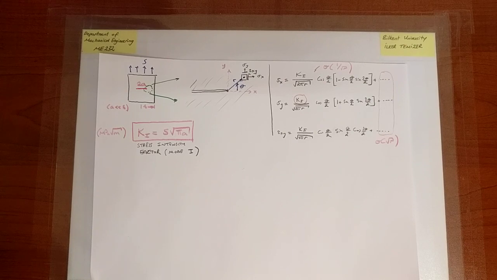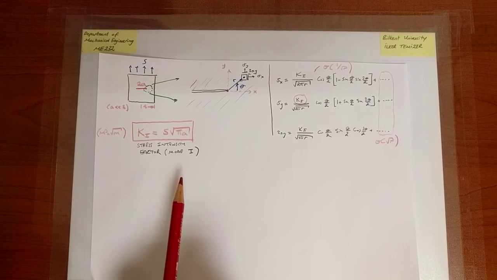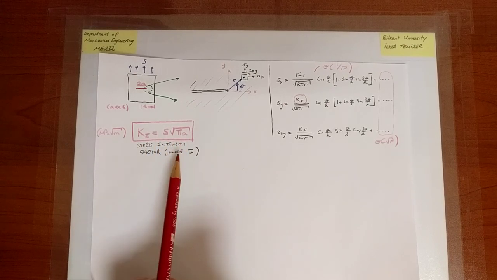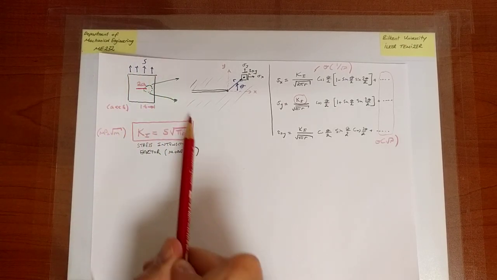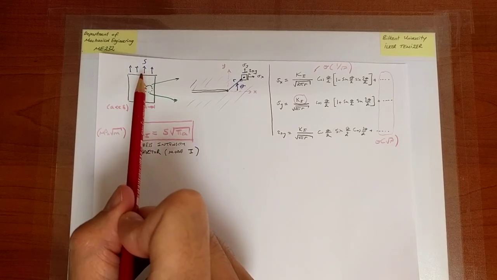Now, what is special, first of all, about that factor? Well, that factor is a constant which involves only problem-specific parameters. Everything that is special to the problem setup. In this case, my problem is very simple. I have a plate, okay?